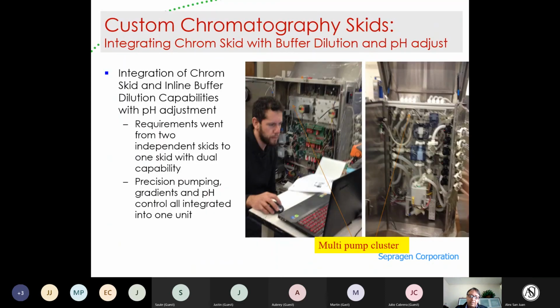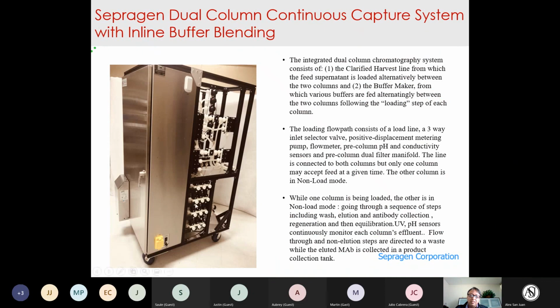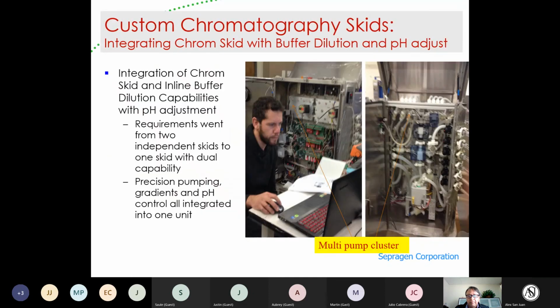Okay. Large scale capability. So this system that you see here is for folks who are doing perfusion at 2,000 liters a day. So we have smaller systems, but that's a large system. So you know that we have the software and the design and engineering capability, and these are being used by some of the largest companies in the world.